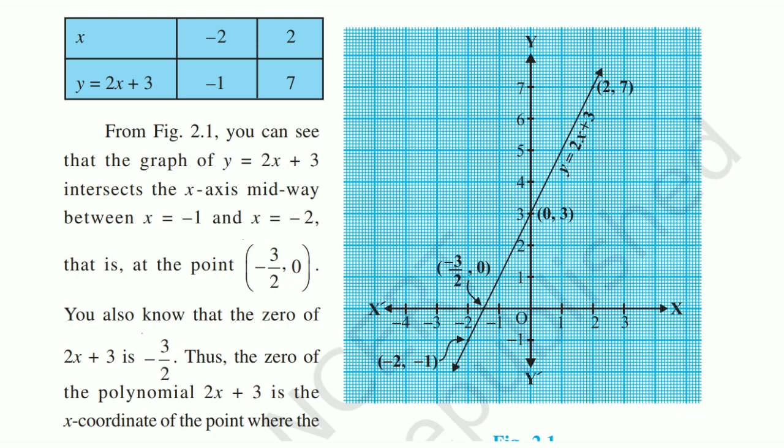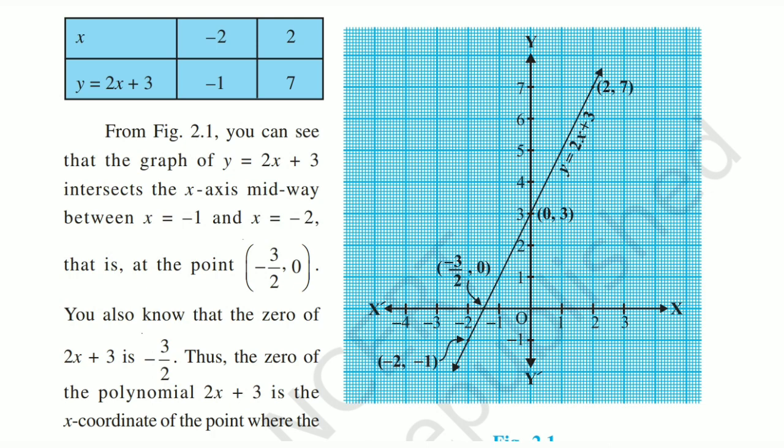If we draw those two coordinate points on the graph, we get a straight line, which is shown on the screen. This straight line intersects the x-axis at one point. That point is minus 3 by 2. This is the solution or zero of the polynomial.